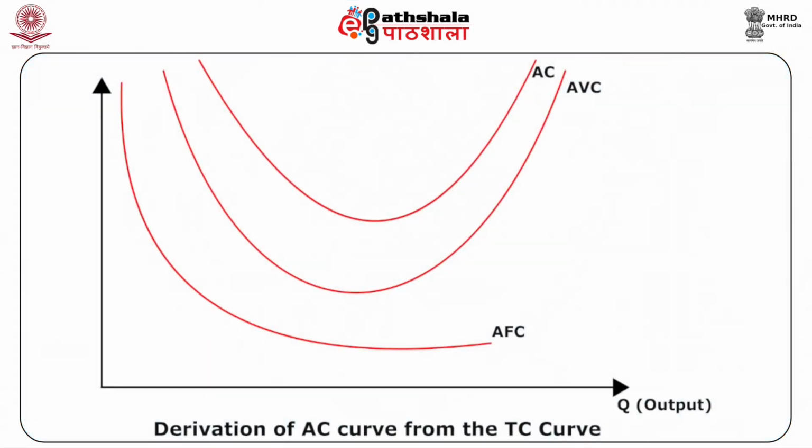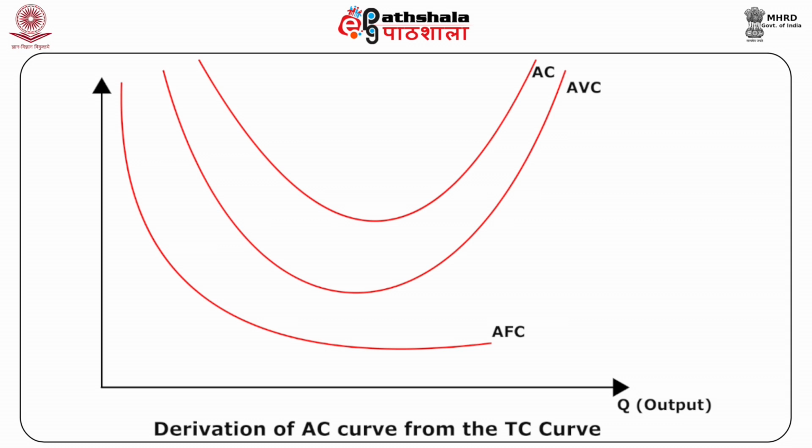Initially, average total cost or the average cost declines, and then it comes down to a minimum point, and then it starts rising. Corresponding to this, if you look at the average variable cost, it has a similar pattern. But the difference is that while the average variable cost still continues to fall for some time, the average cost begins to rise.